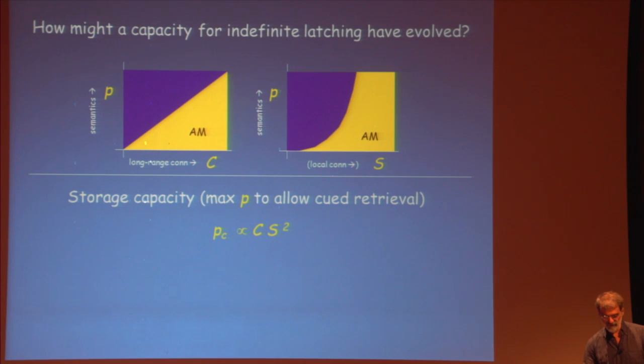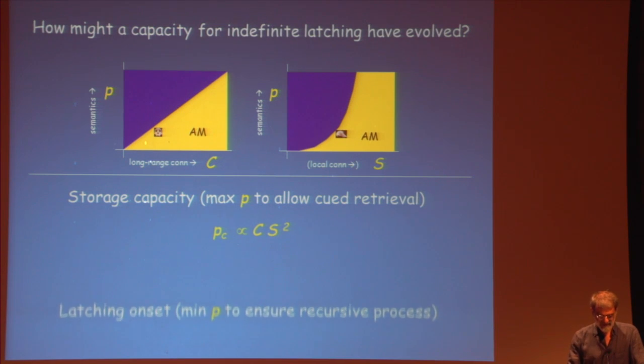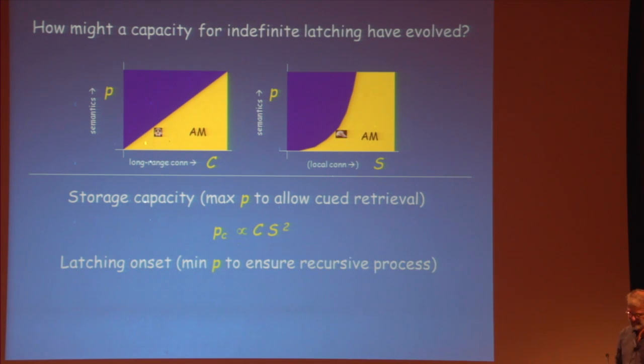But then there is another critical value for the latching process to occur. First, I forgot to say, we can think that some of our ancestors had a cortex that, in terms of parameters, was somewhere in the yellow region, because they had a cortex that could function as an associative memory. And then there is this latching process, which has a lower critical value in the number of patterns.